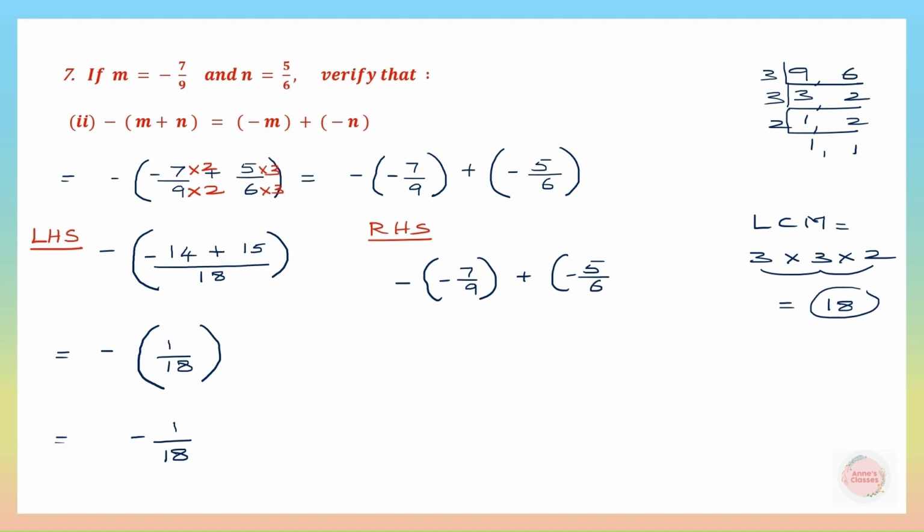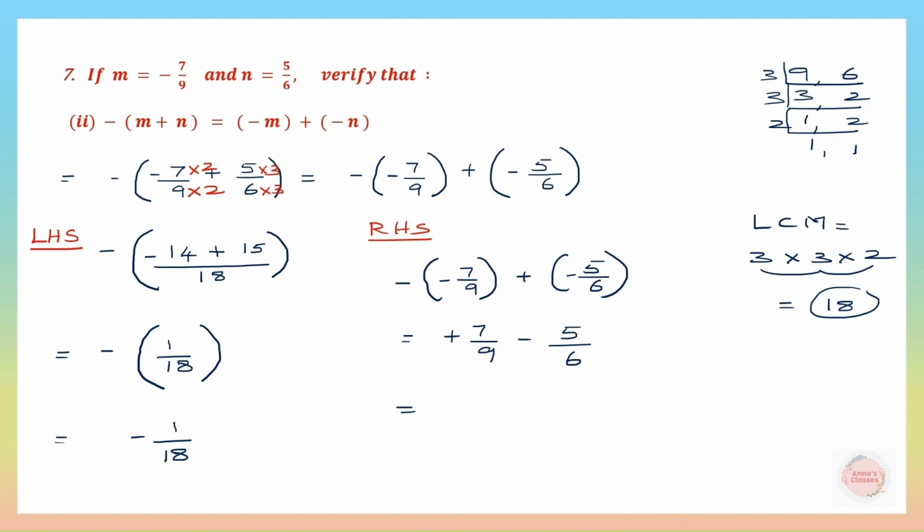So let's remove all the brackets first. Here we have minus into minus, so this becomes plus. So this is plus 7 by 9. Now here we have plus into minus, which is minus, minus 5 by 6. Now we have to find the LCM of the denominators 9 and 6, which we have already found here. LCM of 9 and 6 is 18.